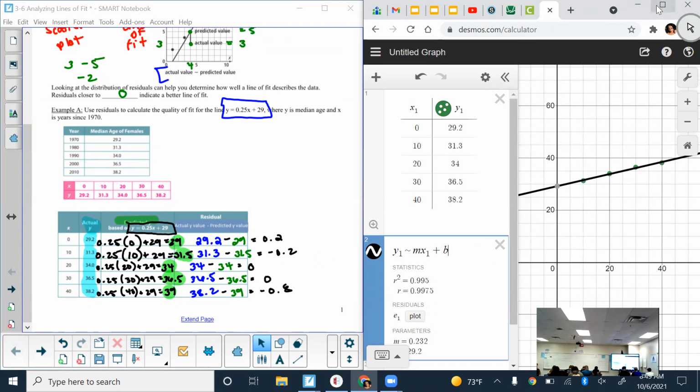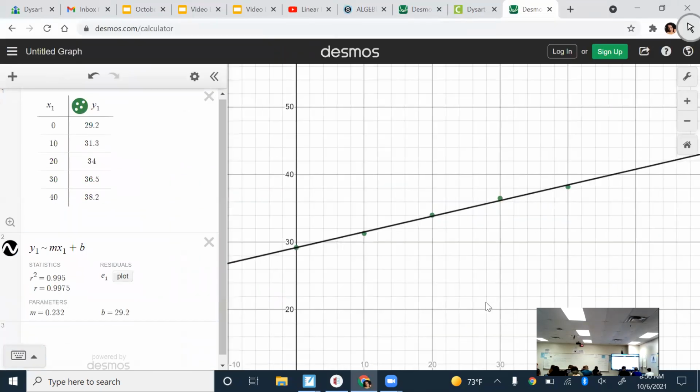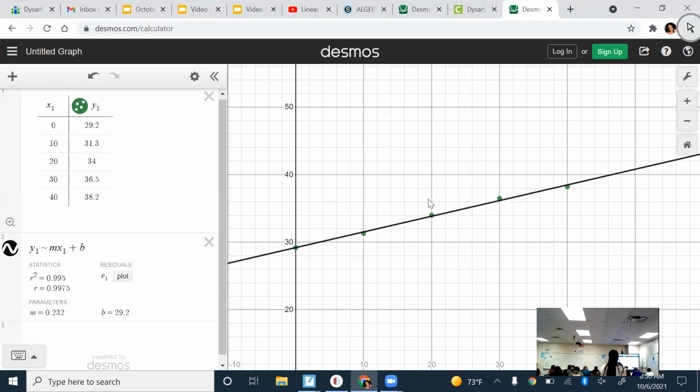What it gives you is a trend line. And graphing calculators, they don't really estimate trend lines. They give you the best one that they can compute. So this can help you confirm a lot of your answers on your test.